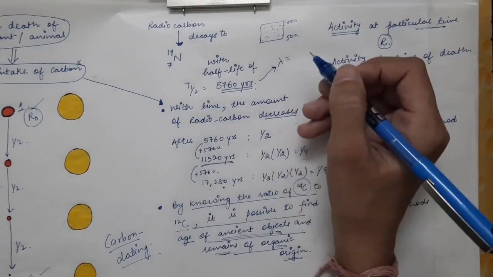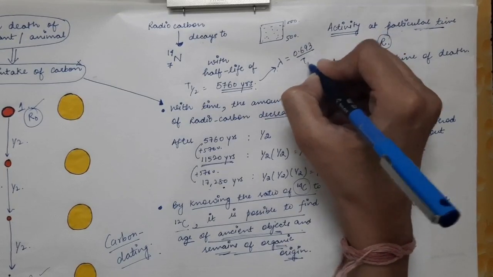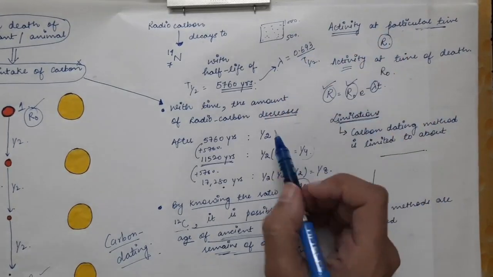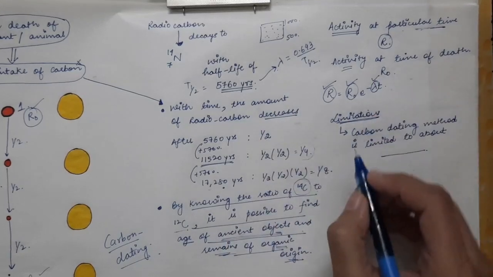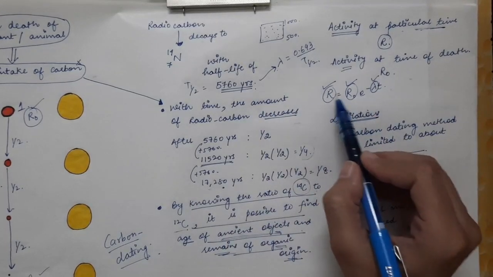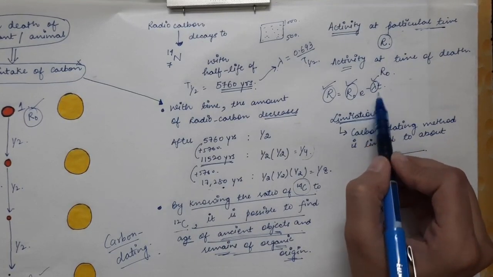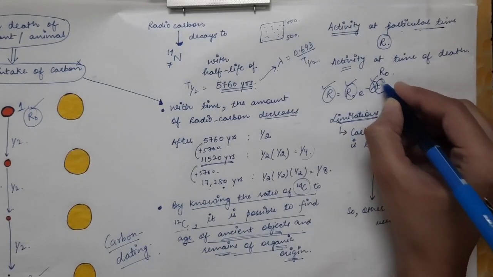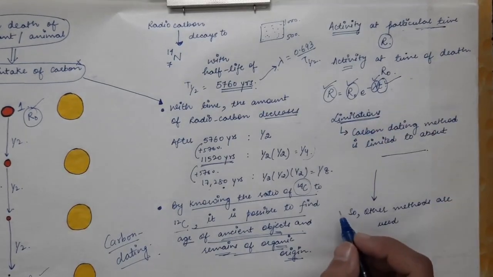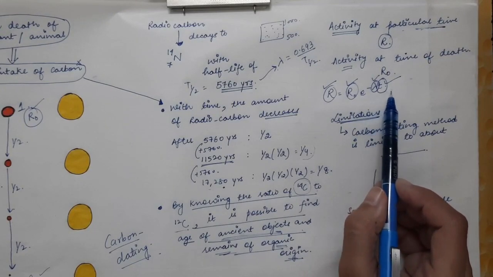Lambda is the decay constant and is given by 0.693 divided by T half. So we know R, R0, and lambda, and using this formula we can easily find the time. This will help us in finding the age of a particular object.